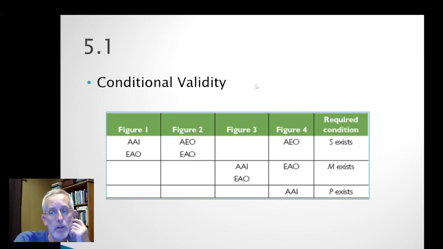But how you interpret the premise in these forms of arguments will determine whether you decide they're valid or invalid. And this is all a result of two different interpretations of what an I-form categorical proposition represents. Remember, an I-form categorical proposition is some S's are P's.